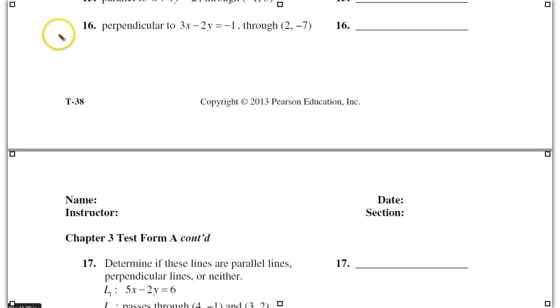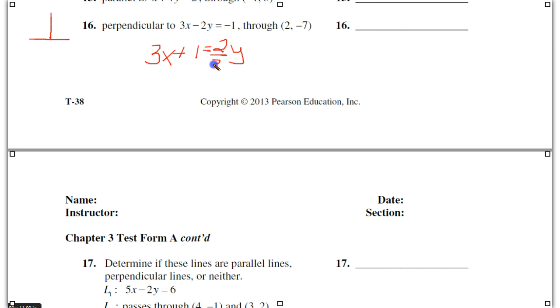Now, for number 16, they want us to find a line that's not parallel, but perpendicular. Okay, and we had said, if we find the slope of a line, and let's do that first. So this will be 3x, I'll bring that 1 over, plus 1, equals, transpose that to the other side, 2y.